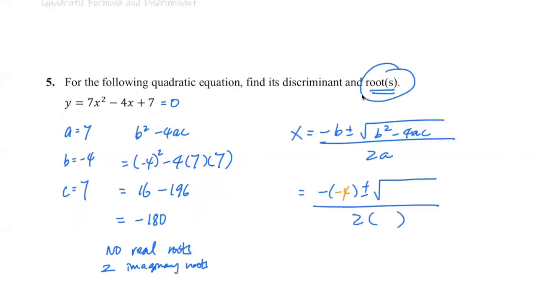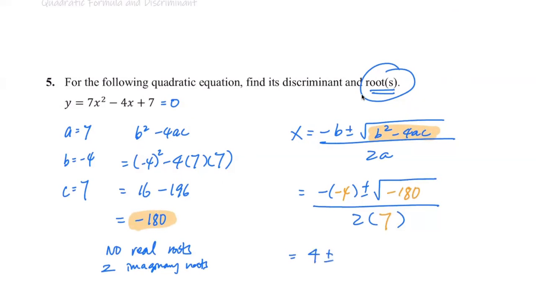B is -4. And we did the work for b squared minus 4ac over here, and we knew the number. So we don't have to do this whole thing again. We can just put -180 over here. That saves us some work. And then we have 2 times 7 in the denominator. So negative of -4 is 4.